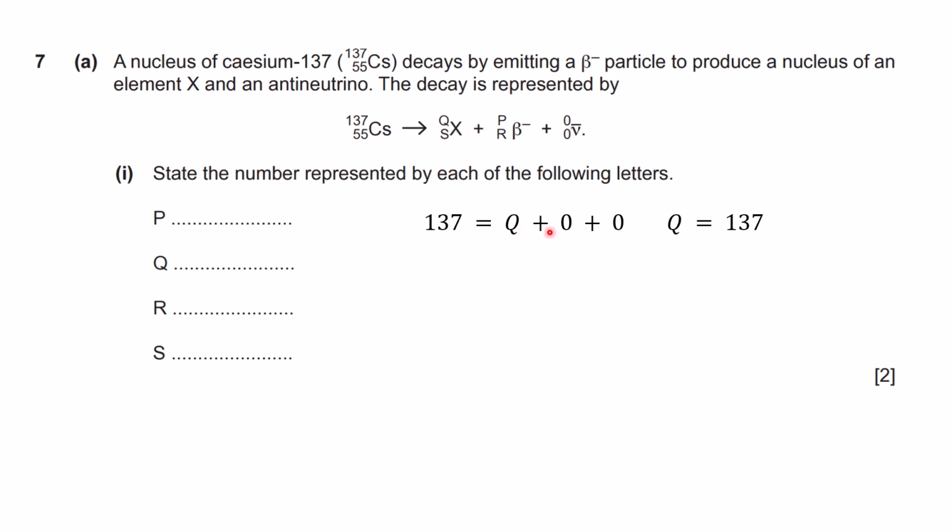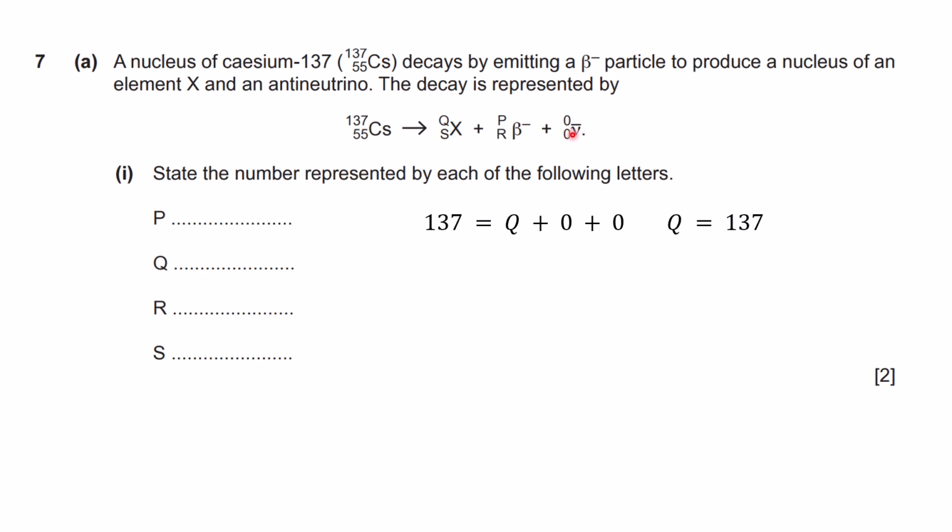So Q plus, now this P is a beta particle, so a beta minus particle is an electron. So for the electron, the mass is 0 and the charge is -1. So P is 0, and this is the antineutrino.